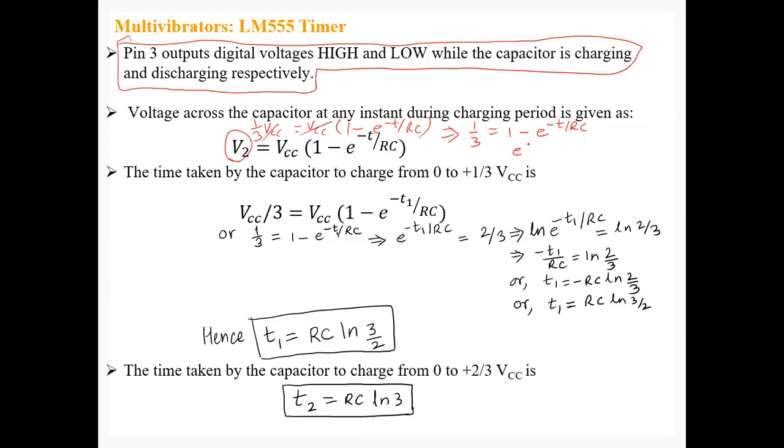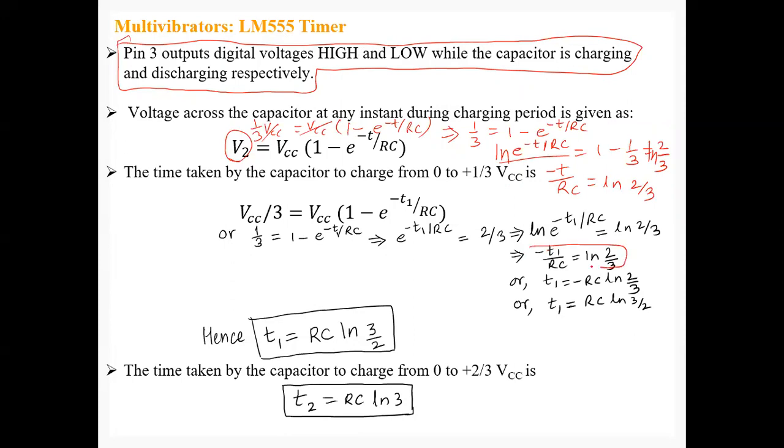Then you get e to the negative t over RC equals 1 minus 1 over 3, which equals 2 over 3. Then you take the natural log on both sides. So what do you get? Negative t over RC equals ln of 2 over 3.